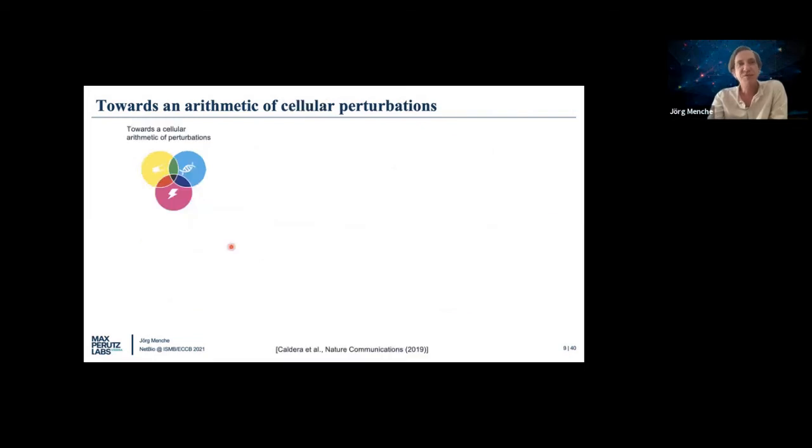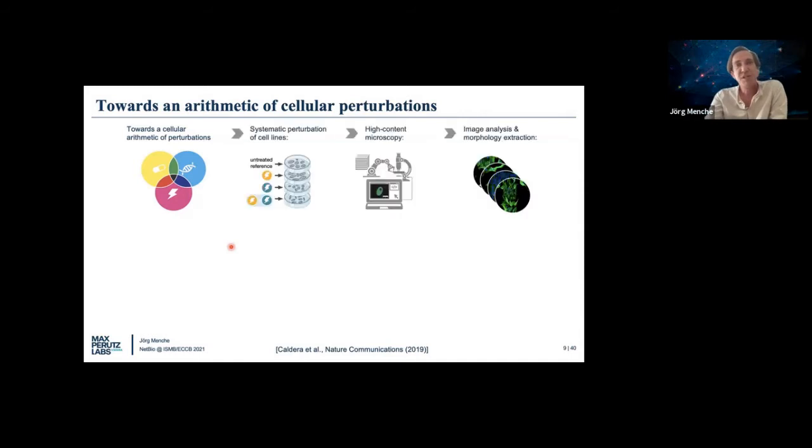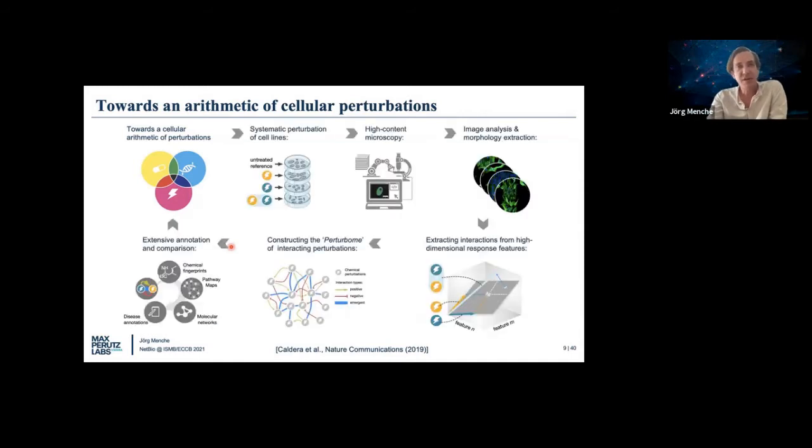So over the last years, we have set up a combined experimental and theory framework to actually approach this. What we do is we use cells as a very simple and well-controlled model system. We then systematically perturb them experimentally by using drugs and combinations thereof, and more recently also by using gene knockouts.